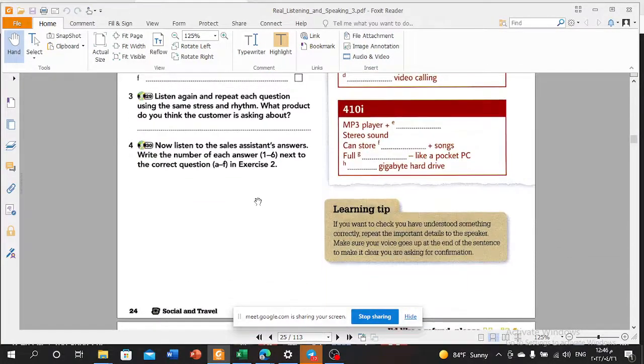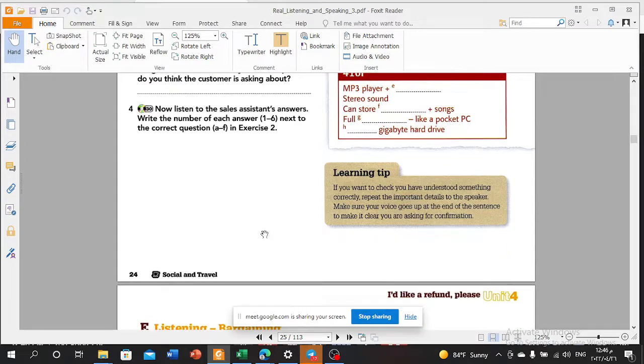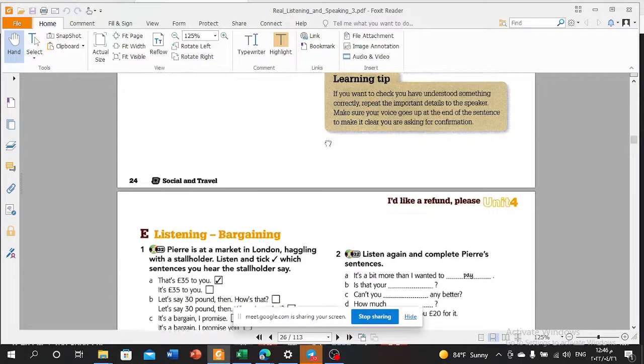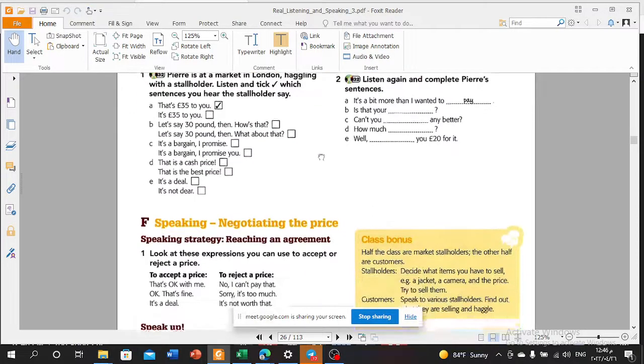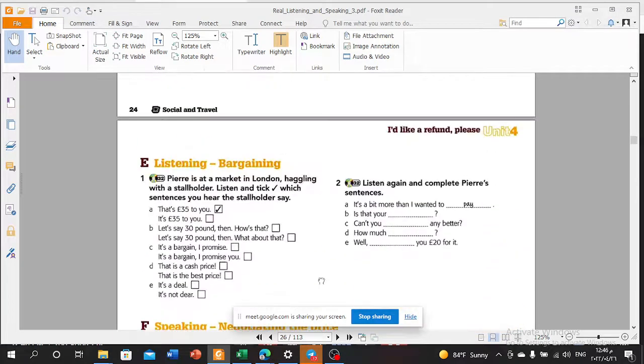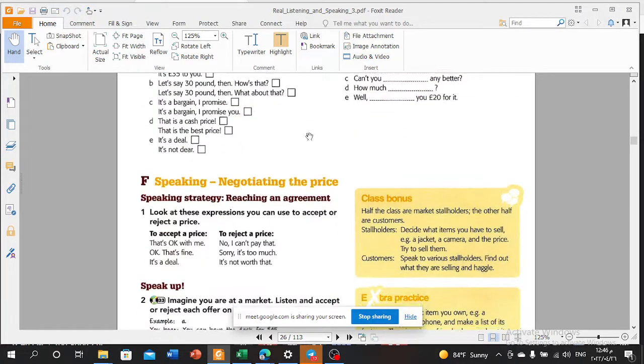Here we have some exercises that are not included, even pages like page 24, which is not included in your exam tomorrow. Here in page 25 we have another speaking strategy related to how to accept a price or how to reject a price.